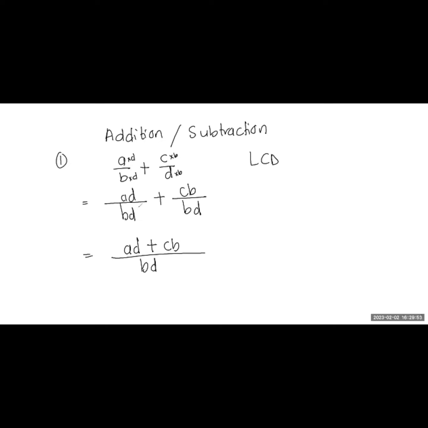Sometimes we have to multiply them like this. Sometimes we can multiply one side only. If I had 1 over 2 plus 3 over 4, I can see 4 and 2 have a relationship going here. 2 times 2 is going to give me 4.